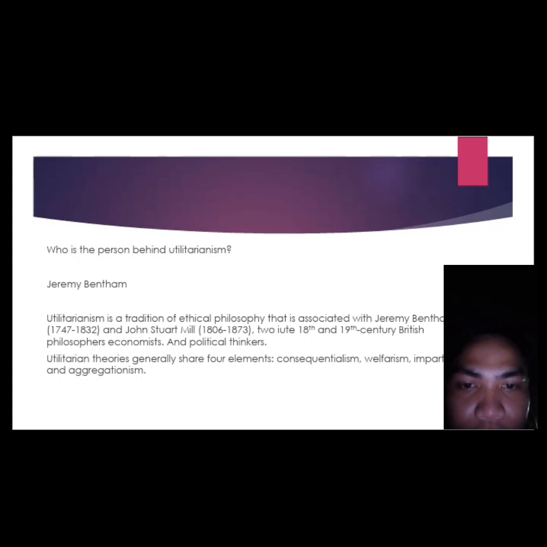Behind utilitarianism is Jeremy Bentham. So, utilitarianism is a tradition of ethical philosophy associated with Jeremy Bentham and John Stuart Mill.